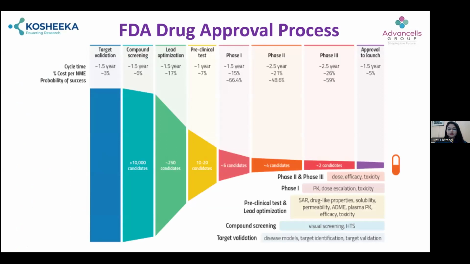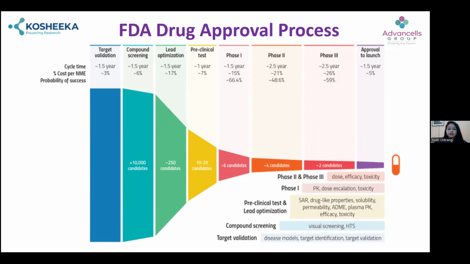So this is the general paradigm of the drug discovery process and how one drug comes to market. It's a very costly process. Approximately, for one drug to come into the market, it takes billions of dollars. And a drug can fail in any of the phases: it starts from target validation, compound screening, lead optimization, preclinical test, phase 1 clinical trial, phase 2, phase 3, and then final approval of the drug.